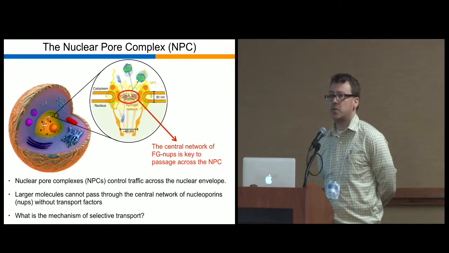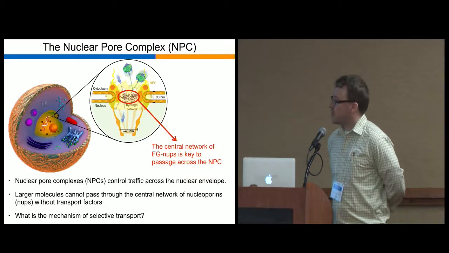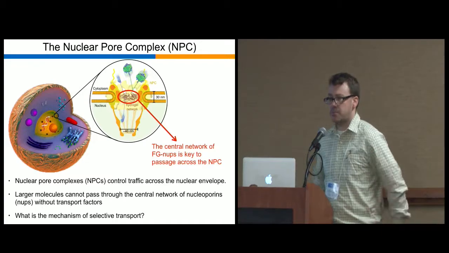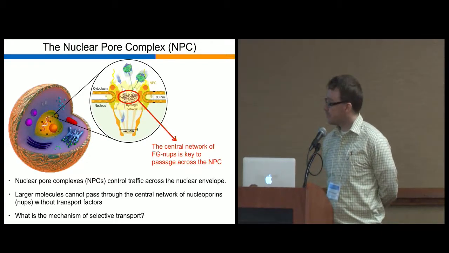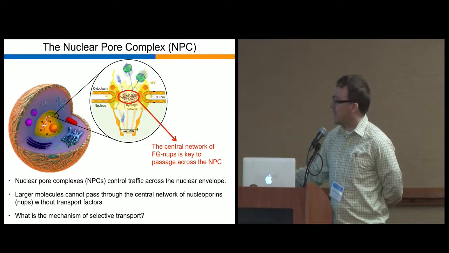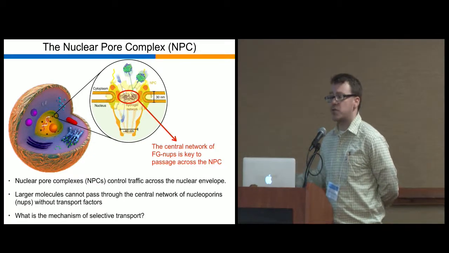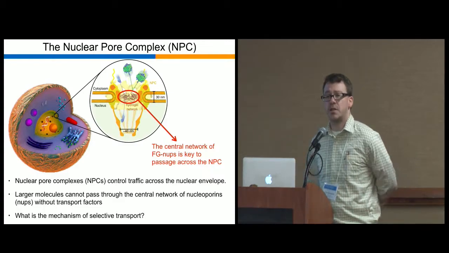So there have been many proposed theories for how transport happens, but really we don't know yet. The reason we say selective is because larger molecules can only pass through when they're accompanied by a transport factor.